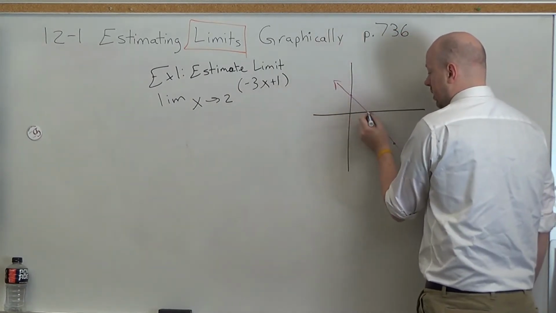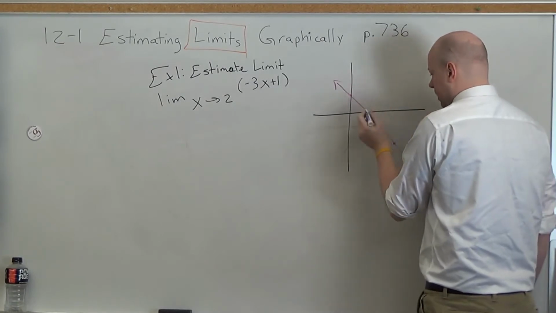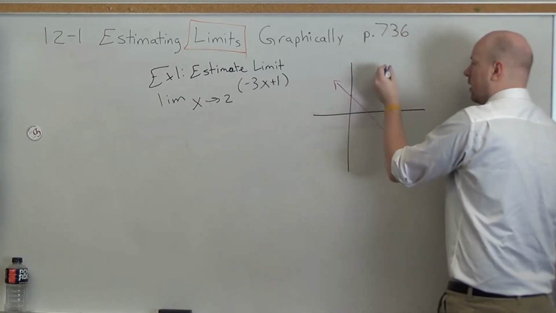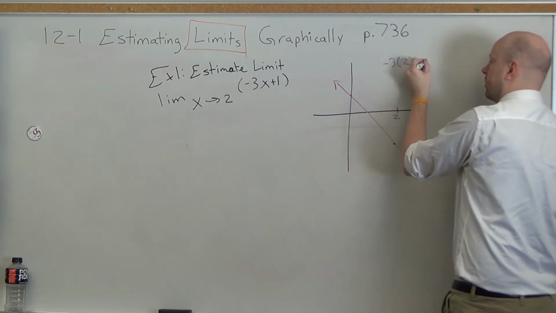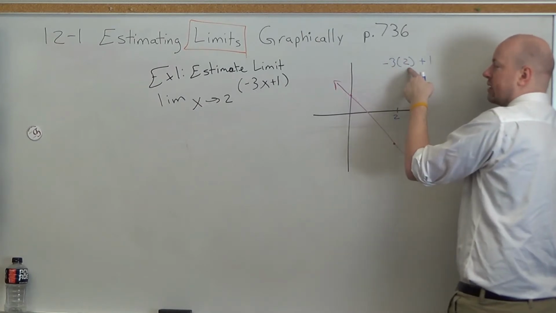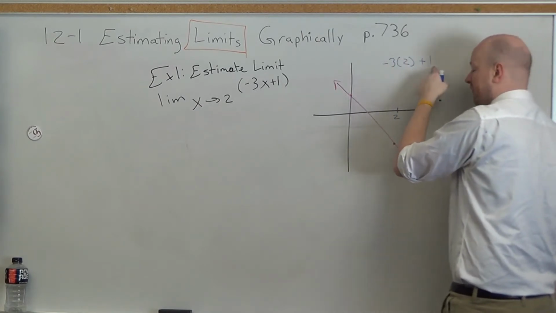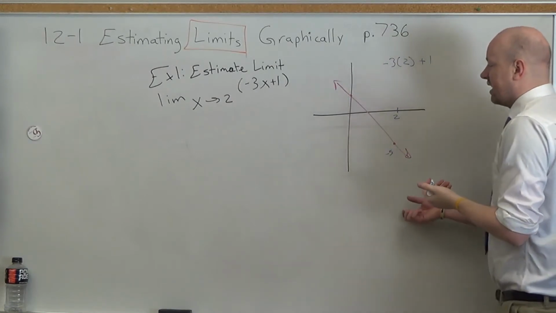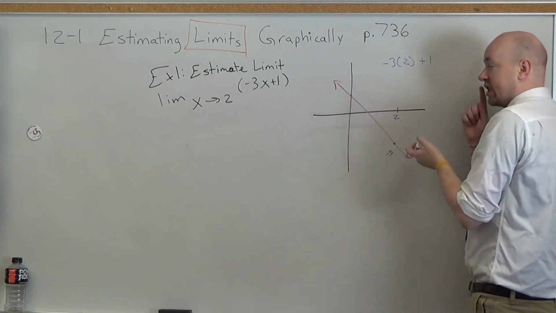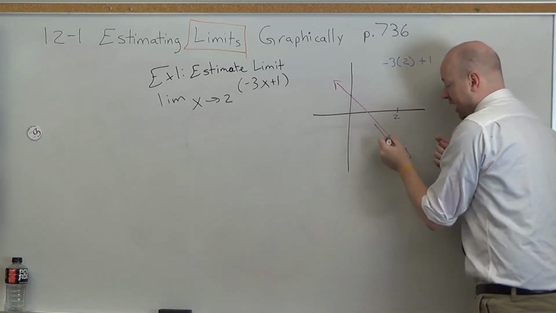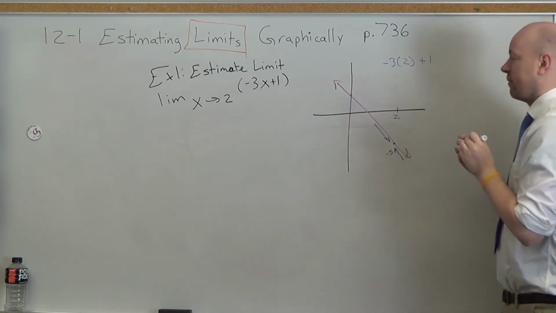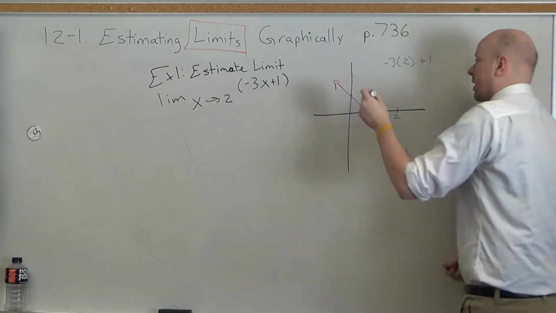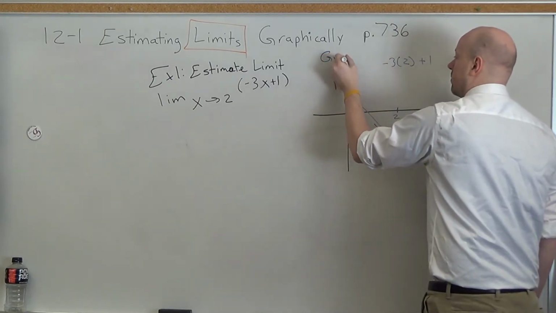At 2, negative 3 times 2 plus 1: negative 3 times 2 would be negative 6, and negative 6 plus 1 would be negative 5. So negative 5. And I can see that my function is continuous. It's just one line, and I'm approaching the same value from both sides. Now that would be graphically.